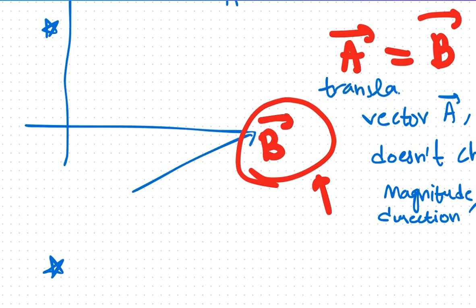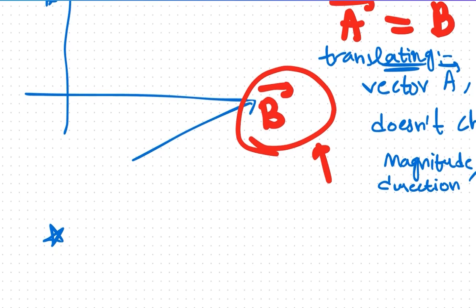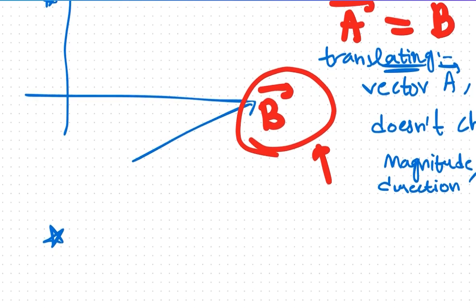Translating means you are moving along x or y, horizontally or vertically, without rotating. Rotation is different.